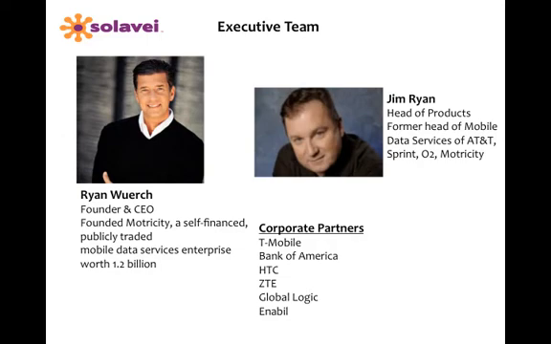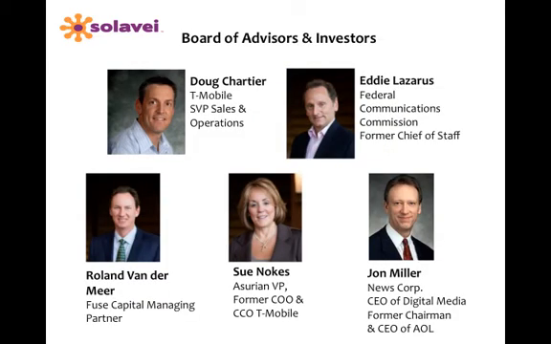Key strategic corporate partners include T-Mobile, Bank of America, HTC, ZTE, GlobalLogic, and Enable. The Board of Advisors and Investors: Doug Chartier, T-Mobile Senior Vice President of Sales and Operations; Eddie Lazarus, Federal Communications Commission, former Chief of Staff; Roland Vandermeer, Managing Director of Fuse Capital, former founder and managing partner of Com Ventures; Sue Noak, Senior Vice President of Assurion, former COO and CCO of T-Mobile, Senior Vice President of Ameritech, Vice President of Walmart; John Miller, Chief Digital Officer at News Corp, former Chairman and CEO of AOL.